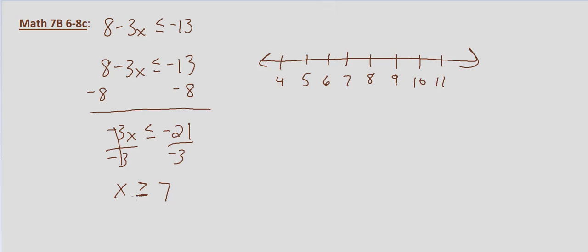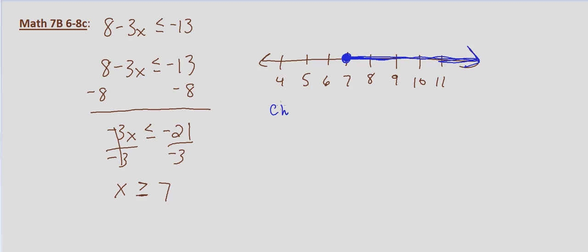So we'll go ahead and this is inclusive. It includes the equal sign, so we make a closed circle at x equals 7 to indicate that 7 is a solution to the inequality as well. And then it's greater than, so we go to the right. So there's our solution graphed on our number line.